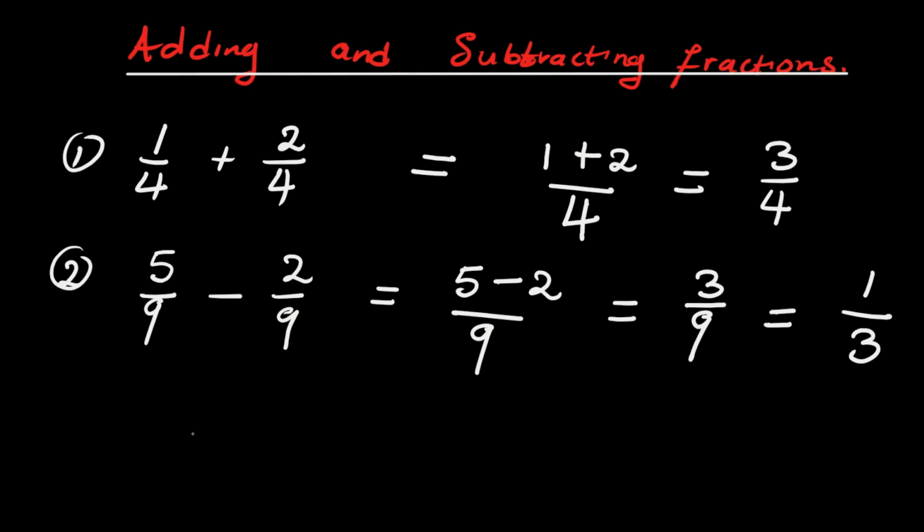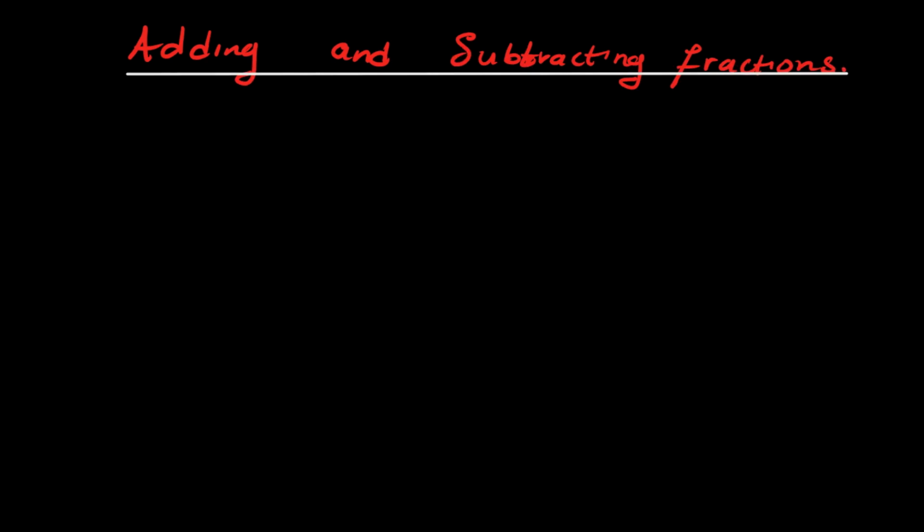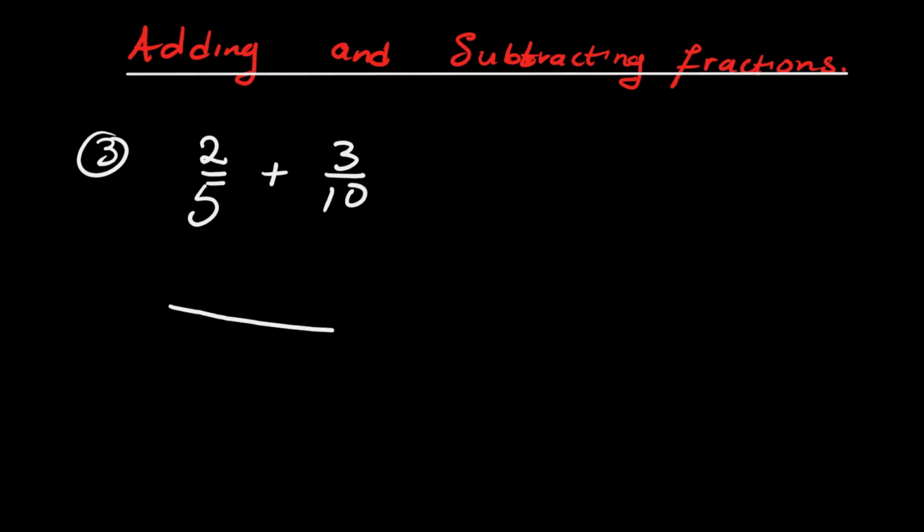So how about a question that has different denominators? Let's call it number 3: 2 over 5 plus 3 over 10. The denominators are different, so the first thing to do is to multiply the denominators, 5 and 10.